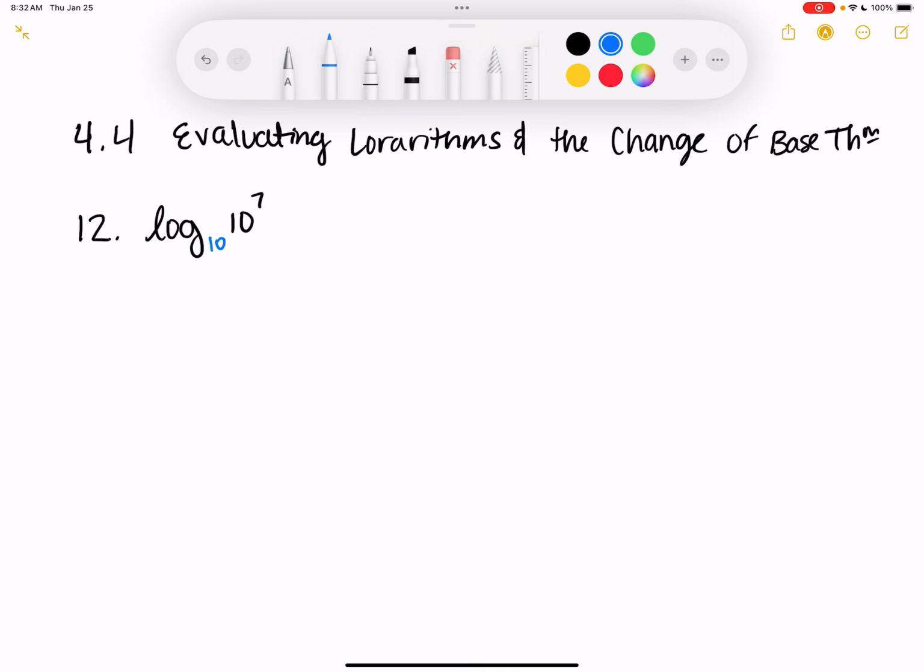There's a lovely property that I don't know if y'all actually have yet. Maybe you do. It basically says if the base and this number are the same, then the answer is whatever is up here in the exponent. Because with the power rule that we had last time, we could rewrite this as 7 log of 10, and that would just be 1, so this is equal to 7.